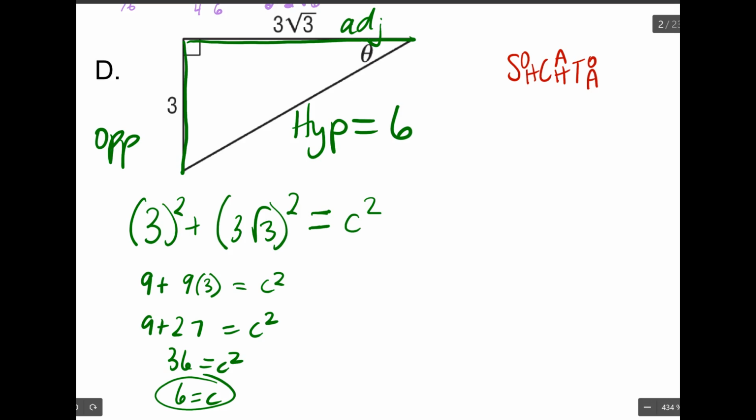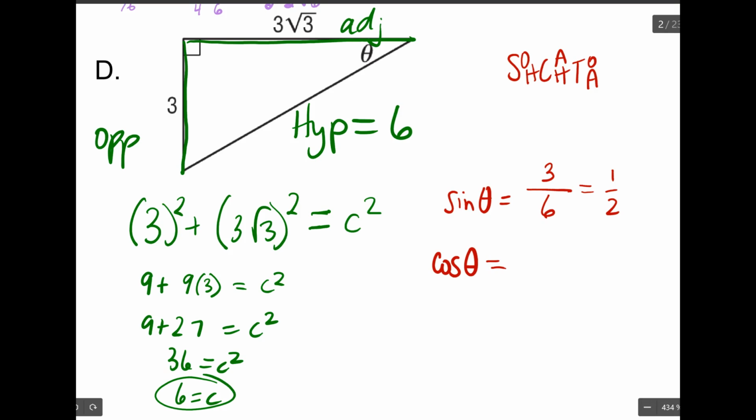I'm hoping by the fourth example we're good. We know sine is opposite over hypotenuse. Cosine is adjacent over hypotenuse. So wait, 3/6, I can simplify that to 1/2. What would cosine here be, Liana?